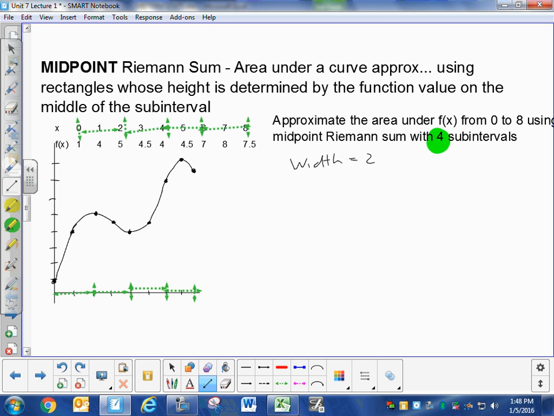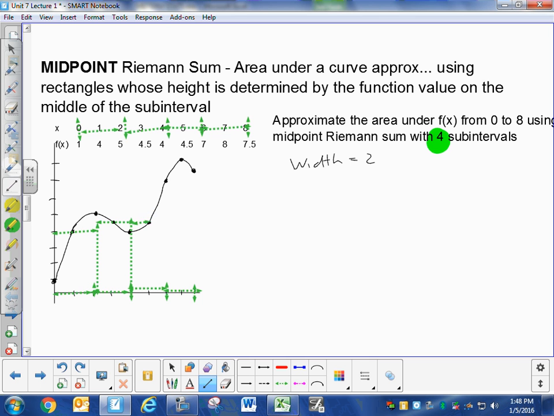And then in this case, with the midpoint Riemann sum, the height will be the function value in the middle of your base. So if this is rectangle 2 again, instead of going to the left or to the right, I go to the middle. And I go up to this middle height. And this would be the height of the second rectangle used to approximate the area under that curve.